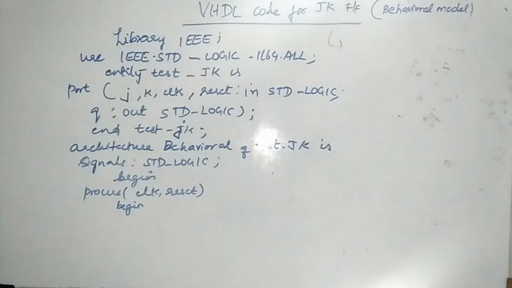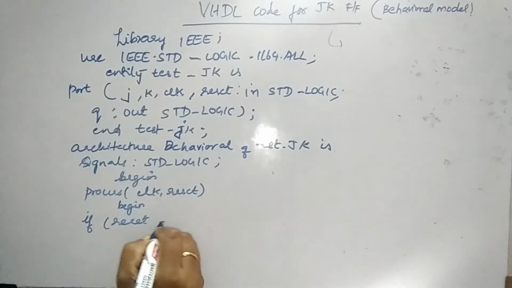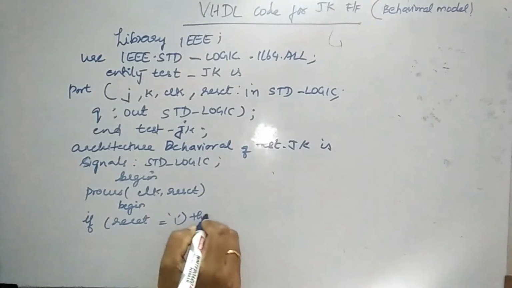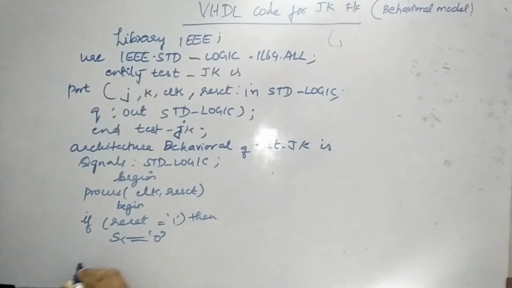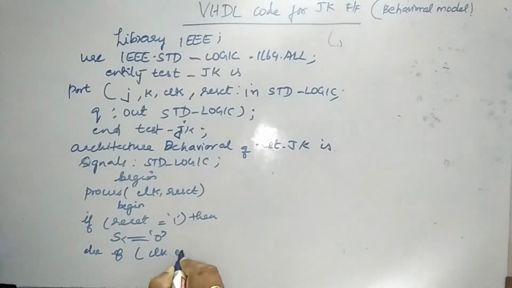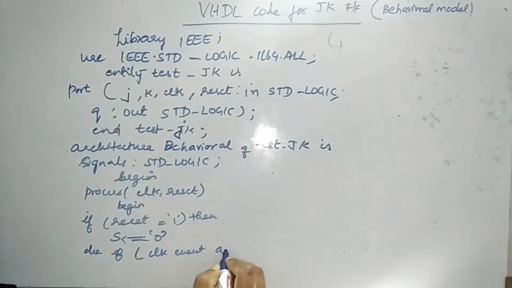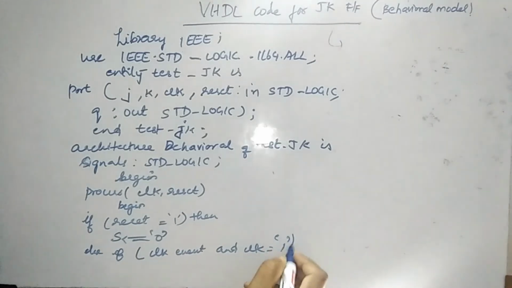Next, let us come to the conditions. If reset is equal to 1, then our output is equal to 0. Here the output I am indicating as S. Else if clock'event and clock is equal to 1, then.